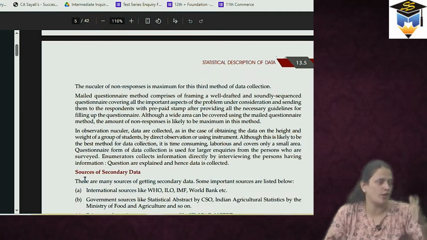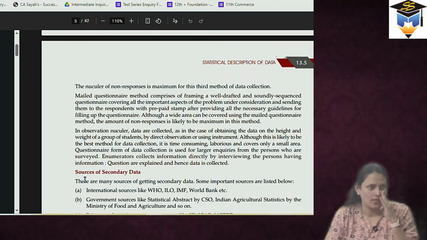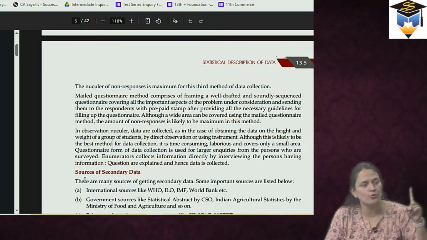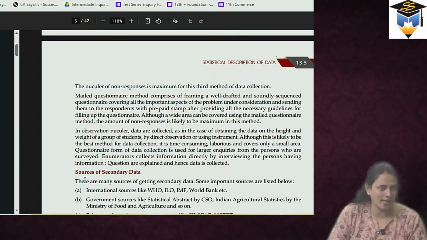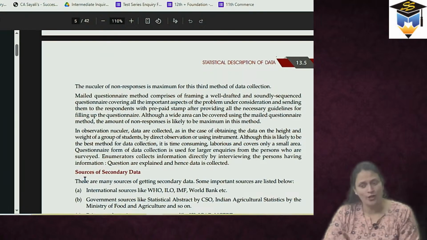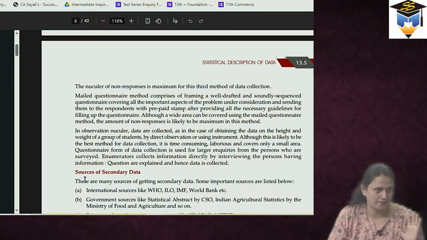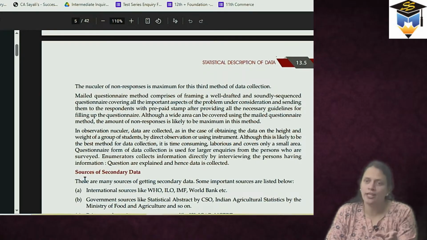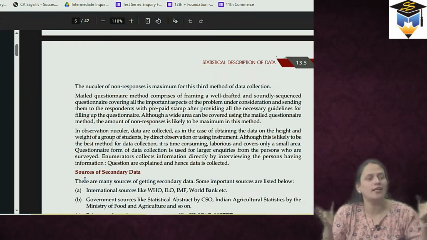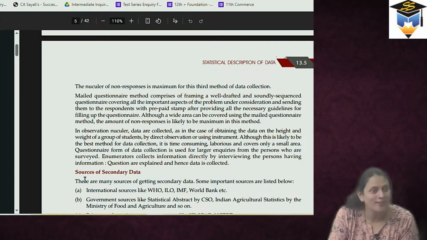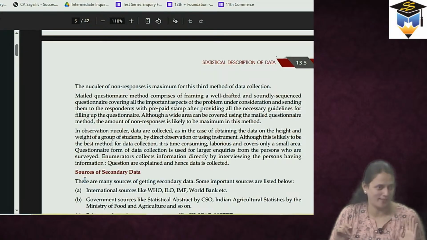He will ask at each and every house. Suppose in a particular house there is one student who has just become an adult. So now he wants to have a voter's ID. So the enumerator will go to each and every house, collect this information, and then based upon this primary information, the secondary data will be taken.